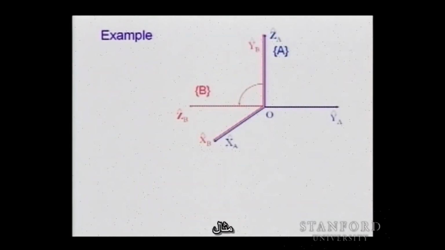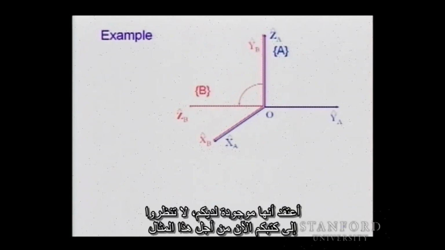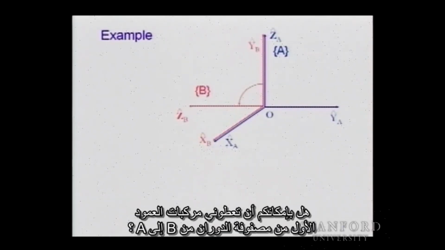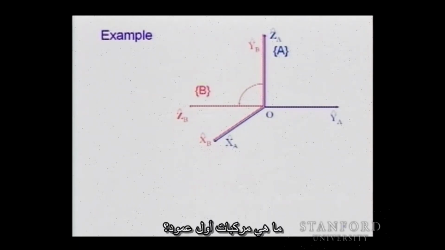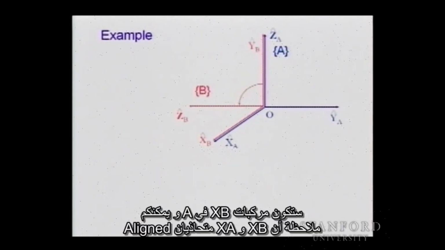Example. So can you compute the rotation? I think you have it. Don't look at your notes now for this example. Could you give me the first column of the rotation matrix from B to A? What is the first column going to be? It is the component of XB on A. And XB on A, you see XB and XA are aligned.